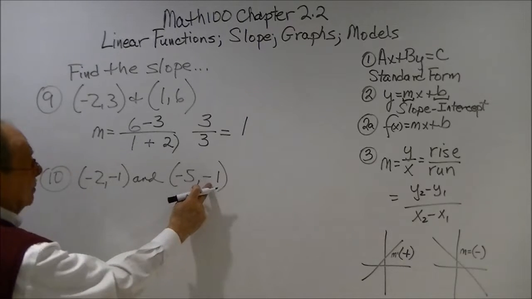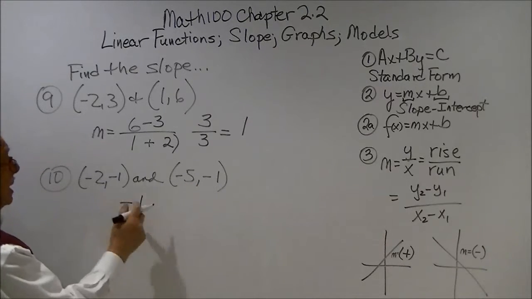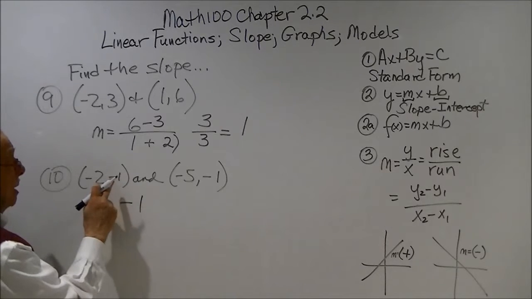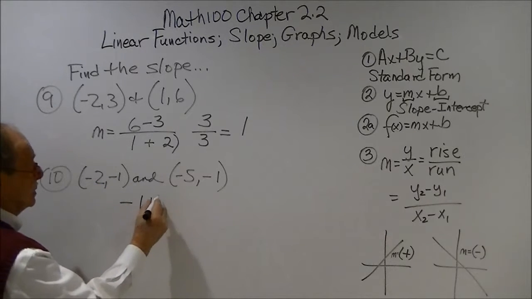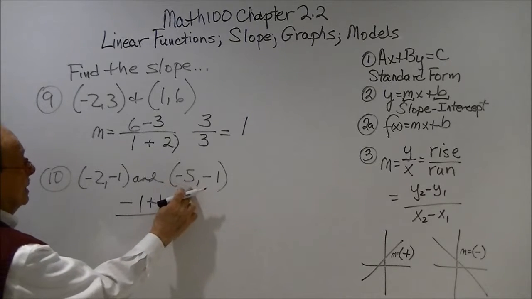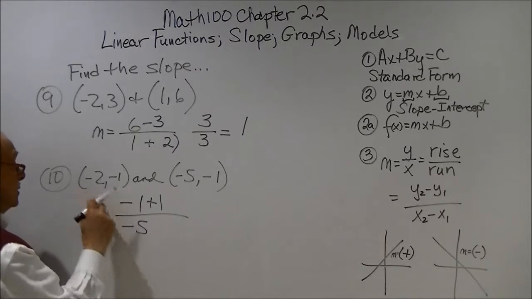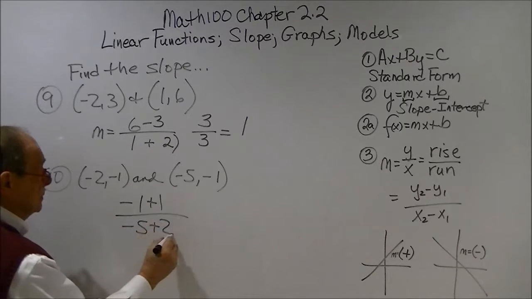All right, same thing. Y sub 2, -1, minus a -1 makes this a +1. And this is a -5. Minus a -2 makes that a +2.